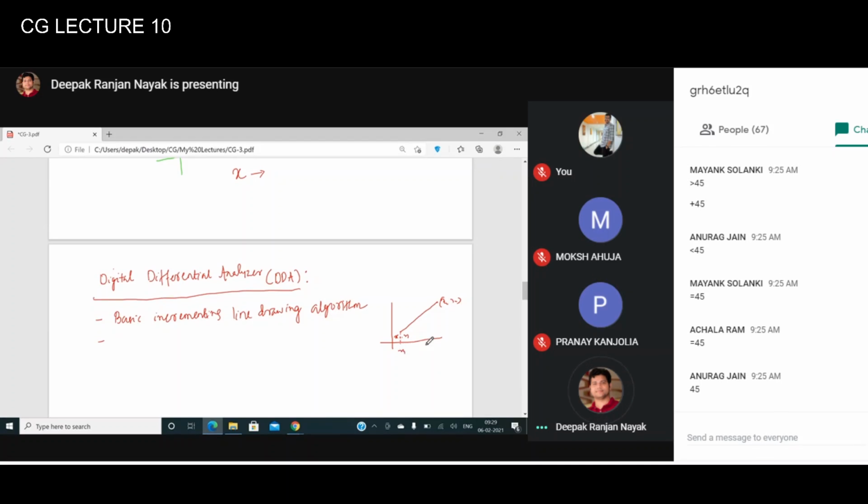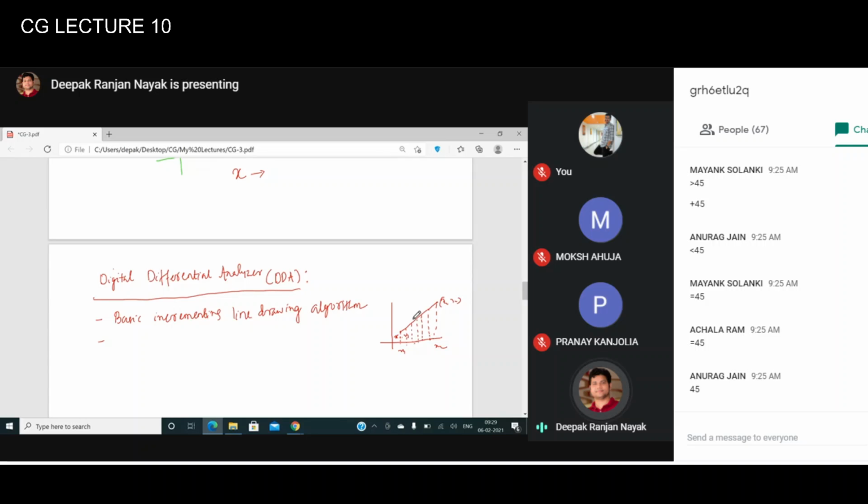This is x1, this is x2, and you can sample at unit intervals, right? x1 plus 1, then again x1 plus 1 plus 1, like that. And finally, we'll reach it here. So what we generally do is, given 2 points, we want to find out the pixels, right?